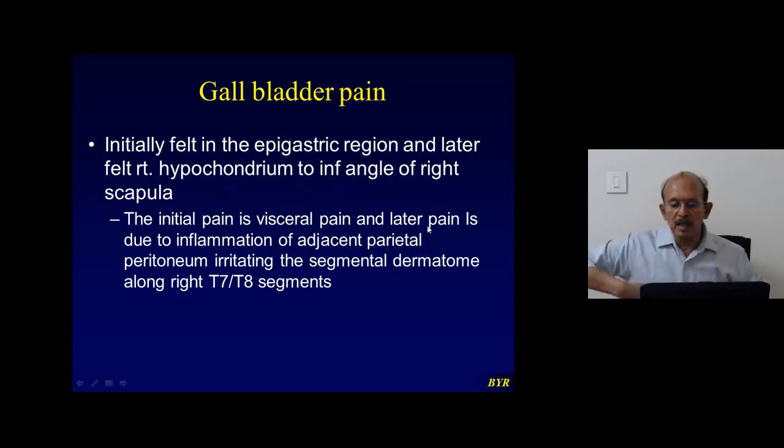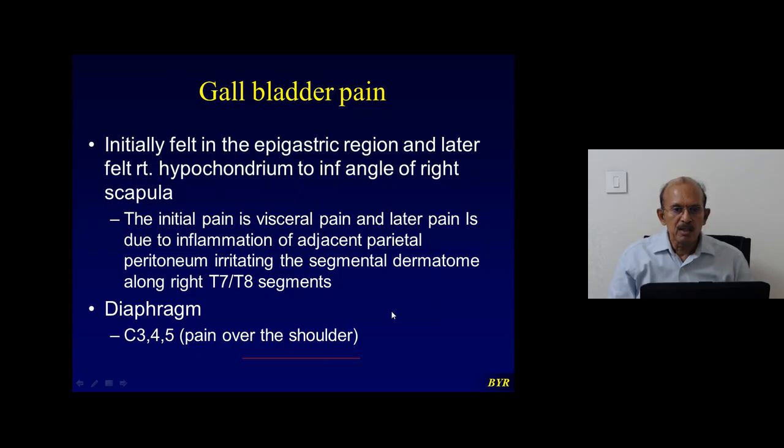The pain is felt over the right hypochondric region and passes along its dermatome, that means along the T7 and T8 dermatomes, and the patient feels pain passing circumferentially to the back. That is how gallbladder pain is felt.